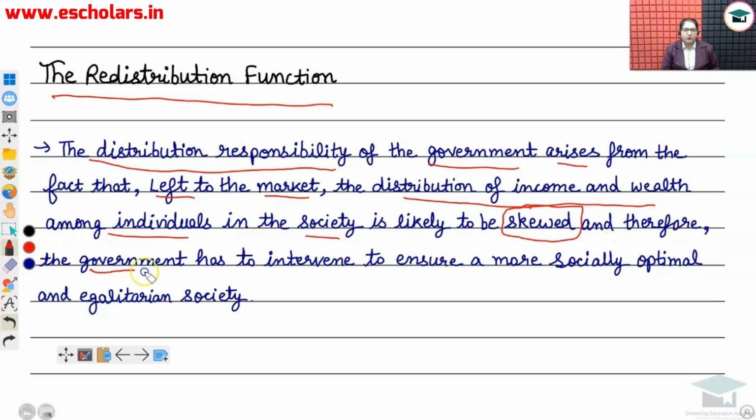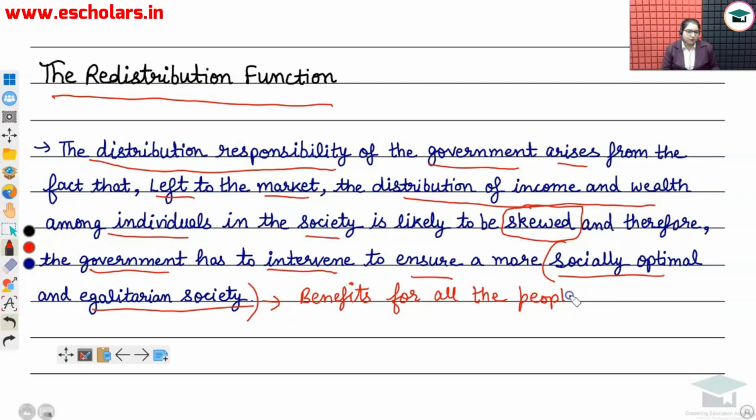Therefore, the government has to intervene in order to ensure a socially optimal and egalitarian society. Now, what is a socially optimal and egalitarian society? It is the society in which benefits are created for all the people living in the society.